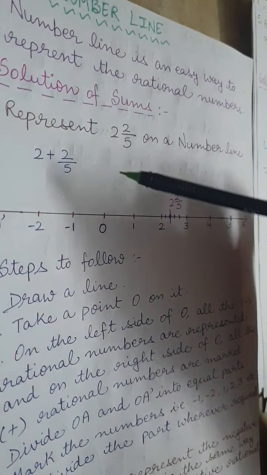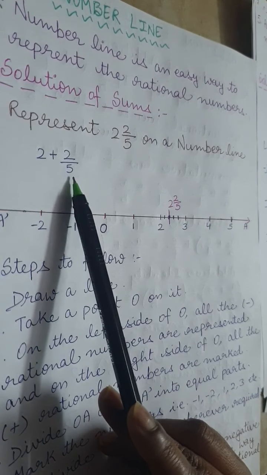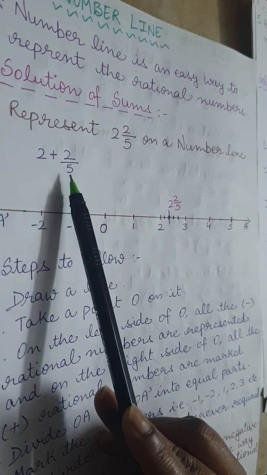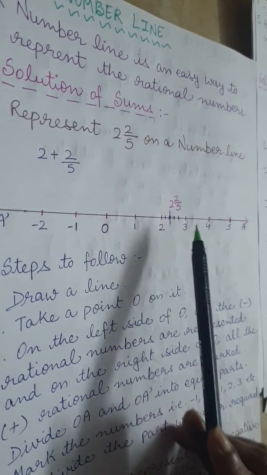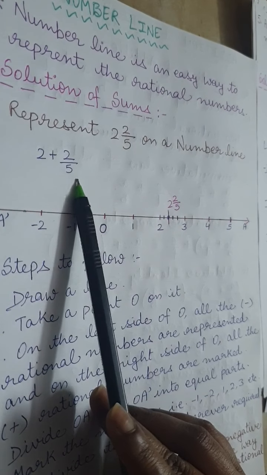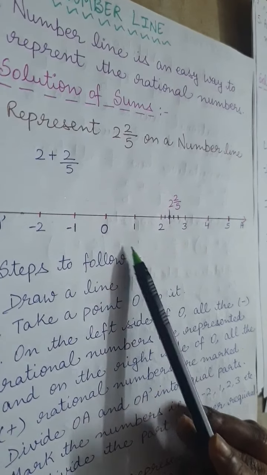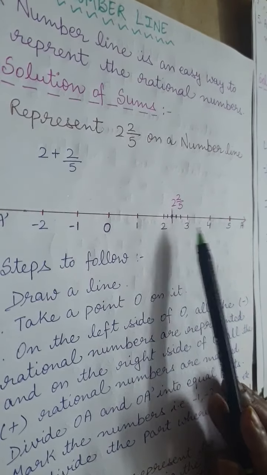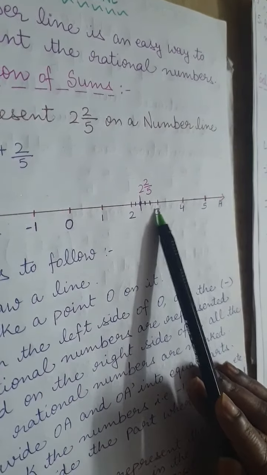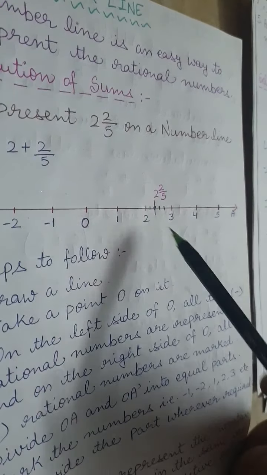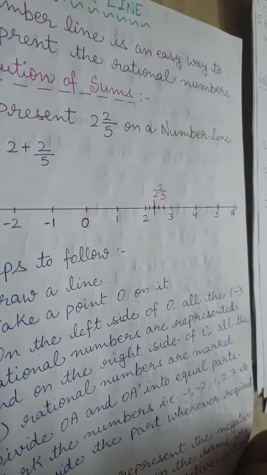Always remember, we divide the space between the numbers on the basis of the denominator. Here the denominator is 5, so we are dividing the space between 2 and 3 into 5 parts. Now 1, 2, 3, 4 and 5 it is.